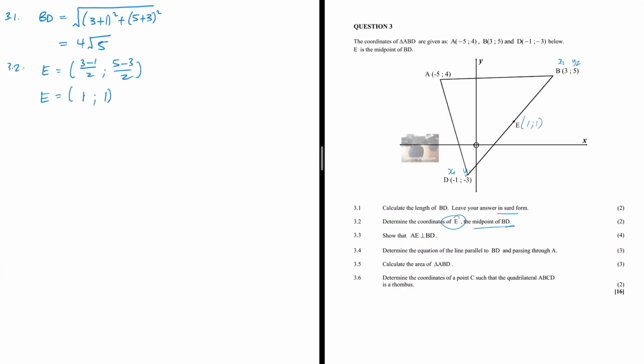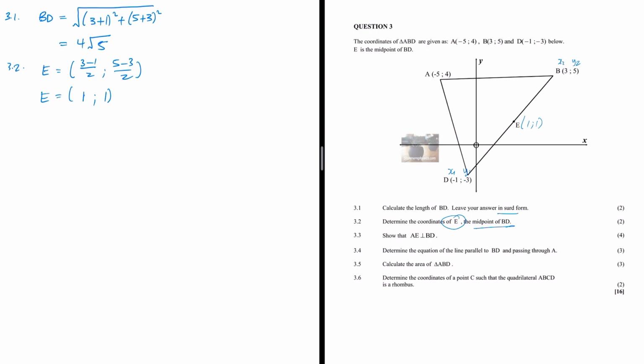Now question 3.3 says, show that AE is perpendicular to BD. Remember that if two lines are perpendicular, then the product of the gradients will equal minus 1. So what we want to do is work out the gradient of AE, then work out the gradient of BD, and then multiply them.